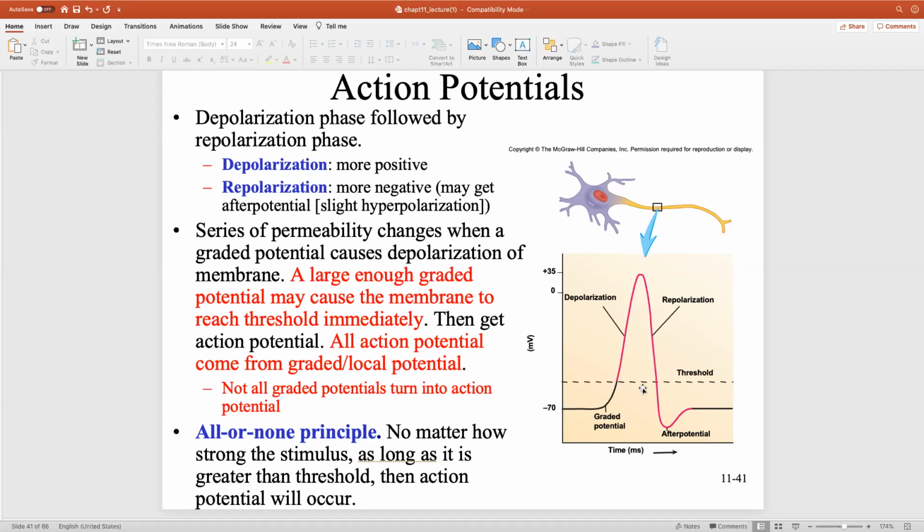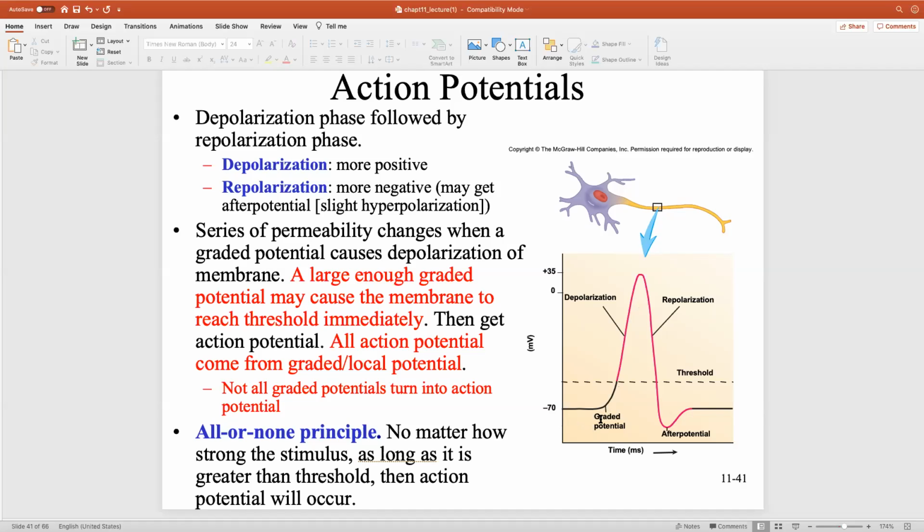Now, we'll come back to the rest of this in a second, but the reason I'm showing this chart right now is because all of this first movement towards threshold is what a graded or local potential is. A graded or local potential can allow us to hit threshold and have a full action potential.